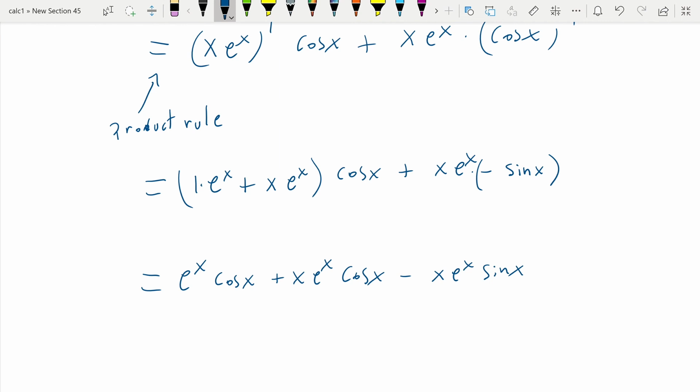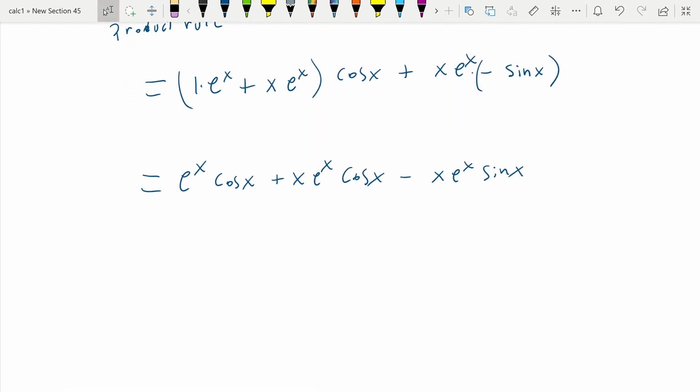And there's not much more we can do here. Of course, we could take out the common factor e to the x, but it would be unnecessary, and it would just make things more complicated and you'd be more likely to make a mistake.